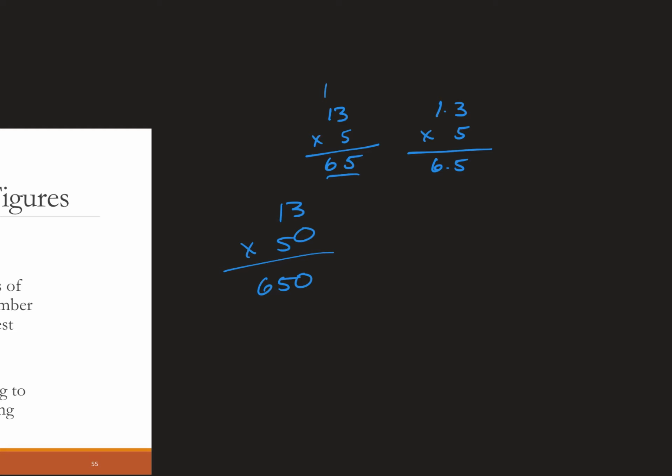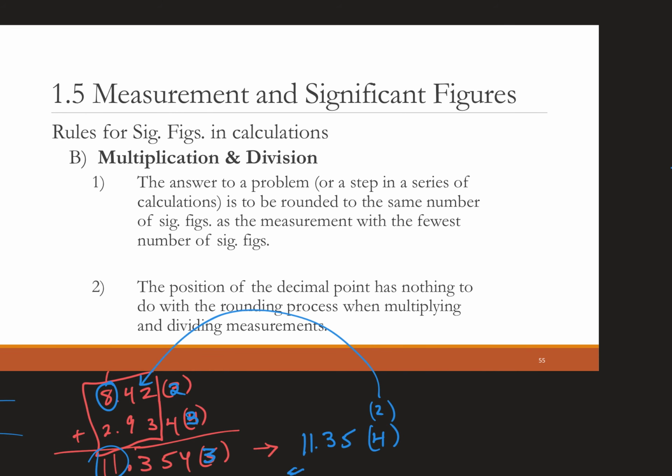You're getting the same thing repeated no matter what. If I make it 1.3 times 50, I'm actually going to get 65. All right, so you're always getting it. You're moving the decimals. The decimal point doesn't matter in multiplying or dividing. It only matters in adding and subtracting. So, turns out we can use the entire number for multiplying and dividing.